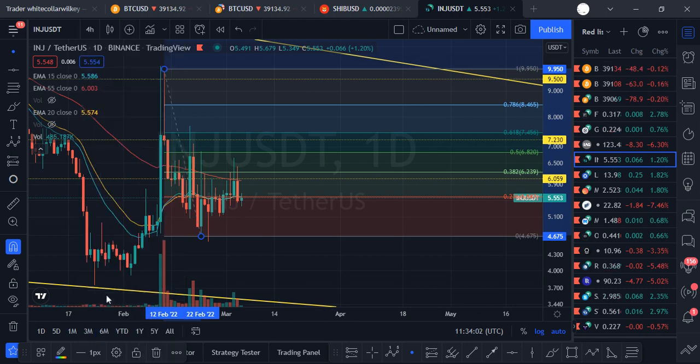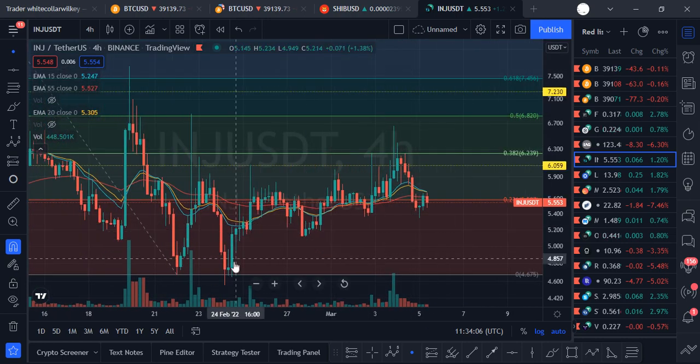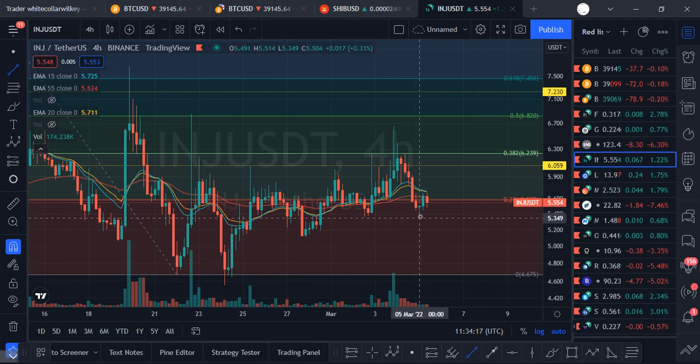Pop down to the 4-hour. Look at those, got nice higher highs coming up there. Let's get a trend line on those higher highs. See how it breaks out.